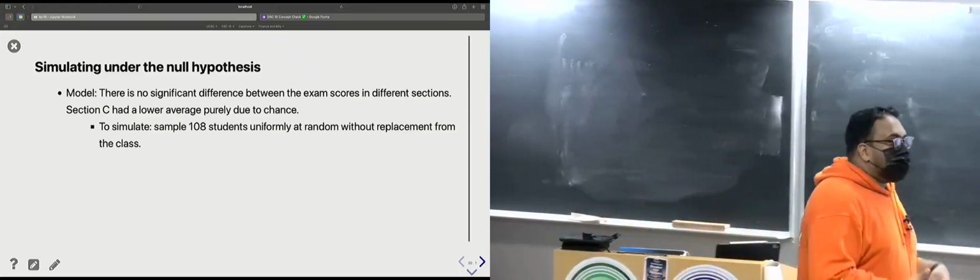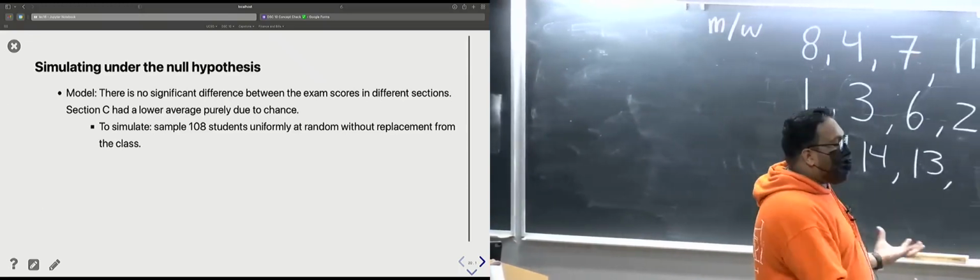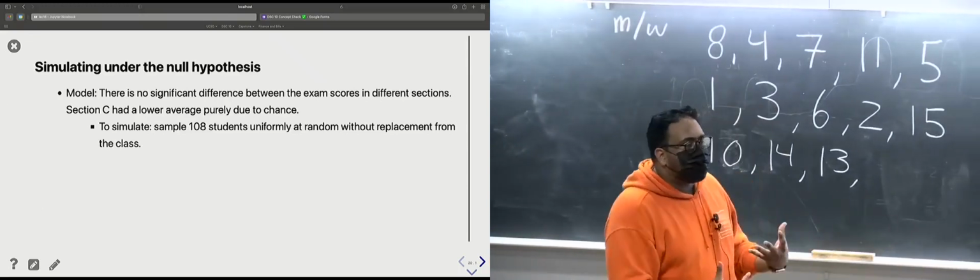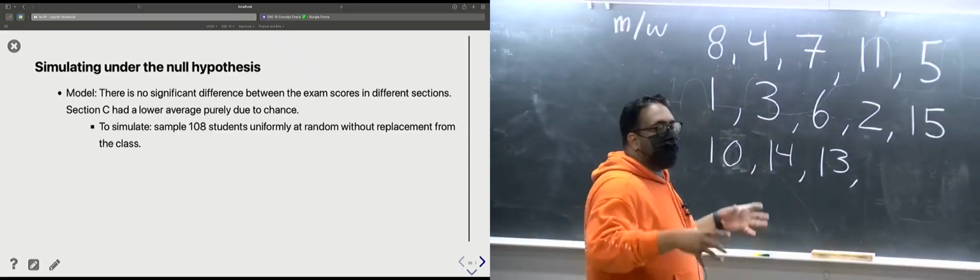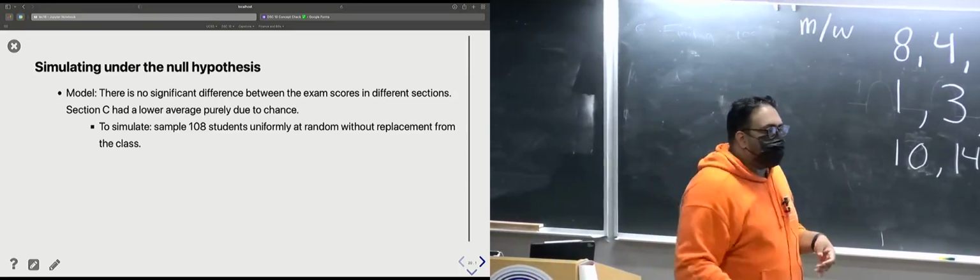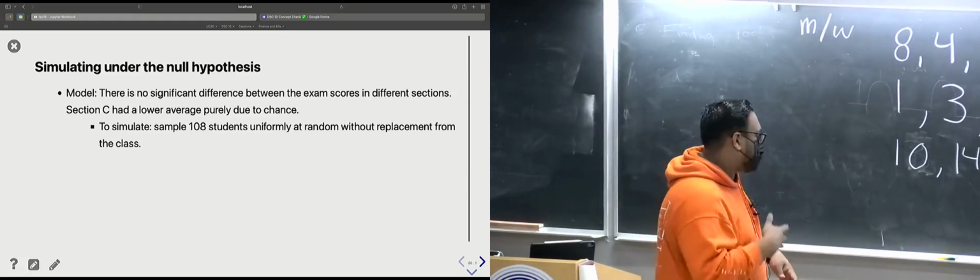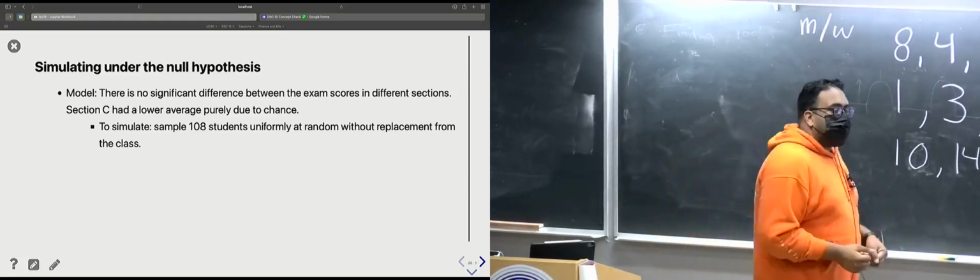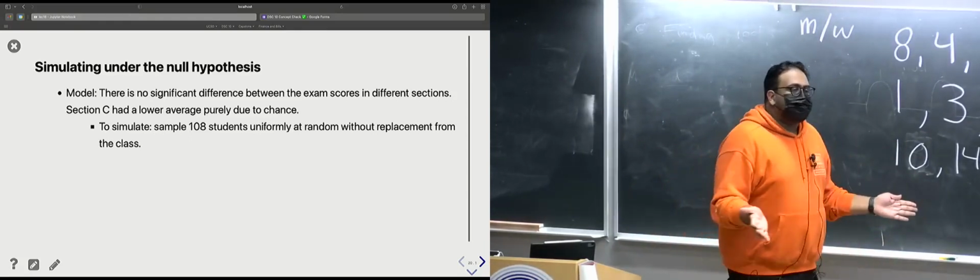I'm going to repeatedly grab 108 random students from the course, not looking at what section they're in, and take their average midterm score. I'll do that once and get one average, again and get another average. I do this, say, 1,000 times, I'll get 1,000 averages.